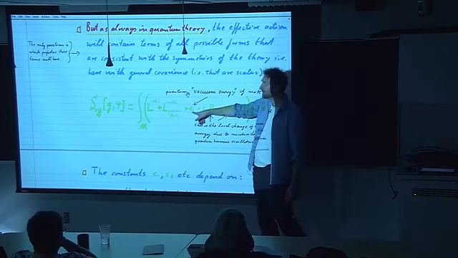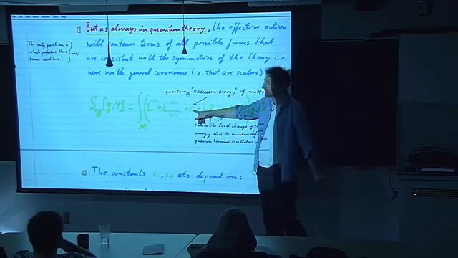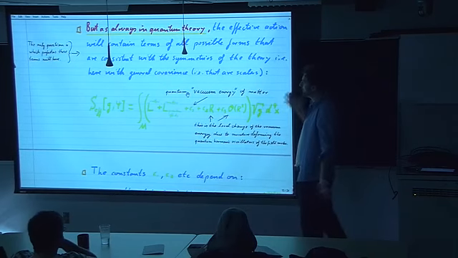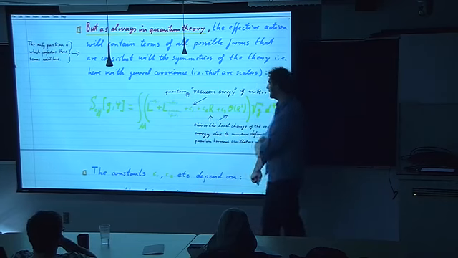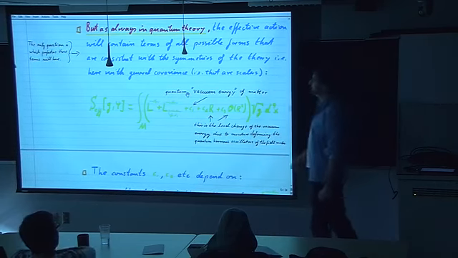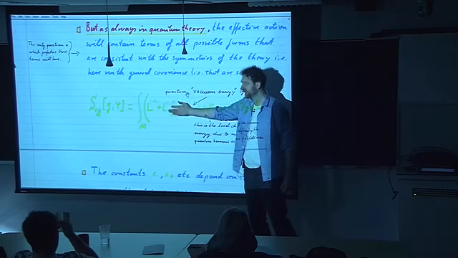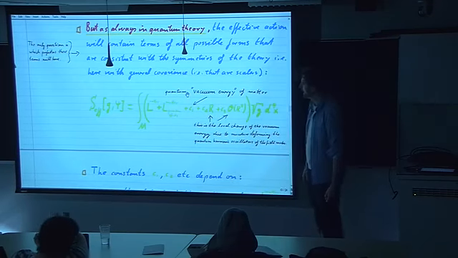You could have a constant here. It's just a number times the identity multiplied with square root of g. That's definitely a possibility. It's compatible with the symmetries of the theory. It is a covariant quantity. So we should expect that the quantum corrections to the evolution of the matter fields will produce a term like this. Let's call it C1.